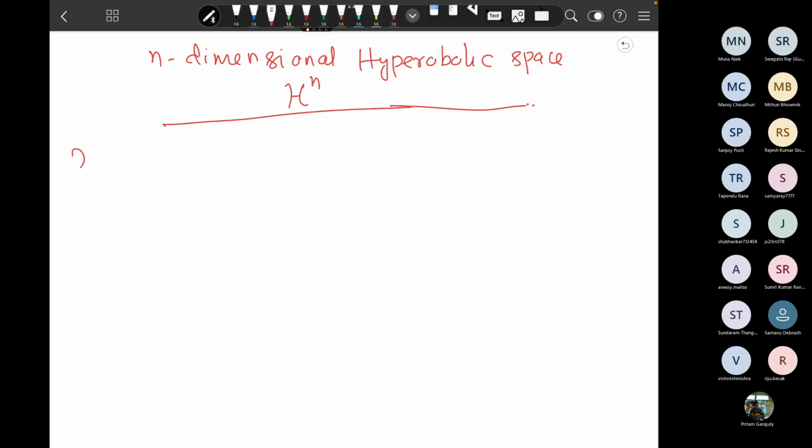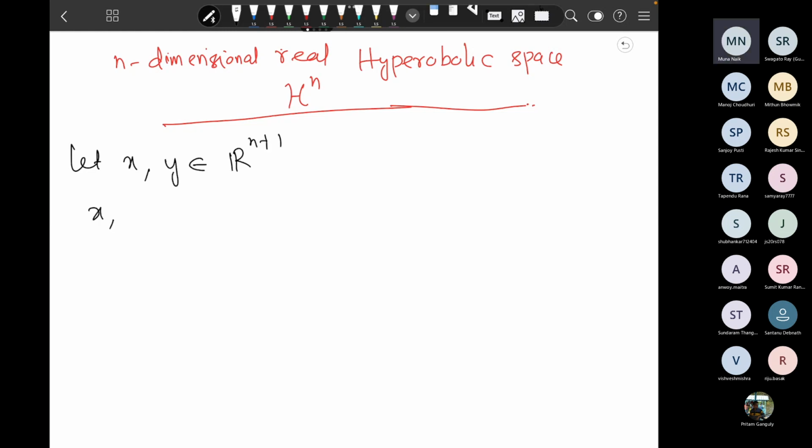Okay, real hyperbolic space, n-dimensional. So let x, y belong to R^{n+1}.